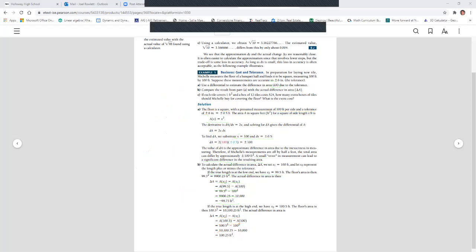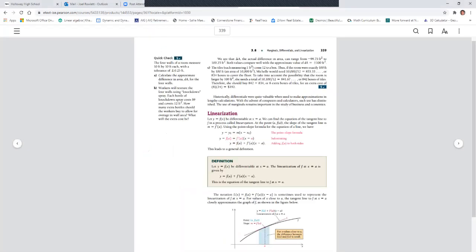So let's sum that up. What does that mean? We see that delta A, the actual difference in area, can range anywhere from negative 99.75 square feet to 100.25 square feet.